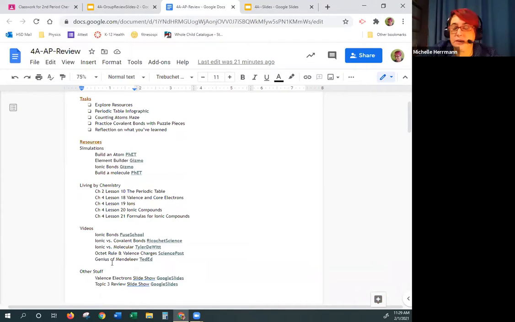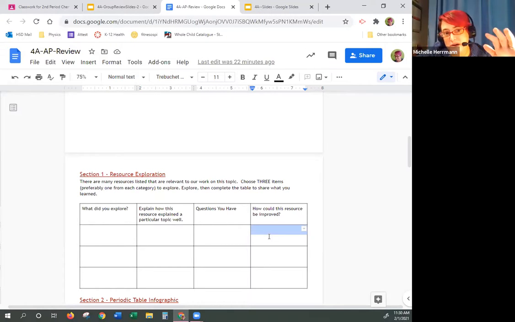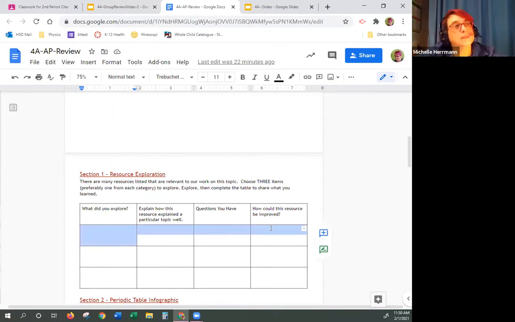You looked at one of these things, anything, and then you filled out this row for yourself: what you explored, what you learned from it, what it explained well, what questions you have, and some things that you think it would have been better if it had done, like this is better if I do it at a slow speed, or it needs better pictures, doesn't have very good pictures. And this is important because then you'll have a resource, the notes from the resource, and you know what it has. If you go back to it, you can review it. Okay, so hopefully you filled out one row.